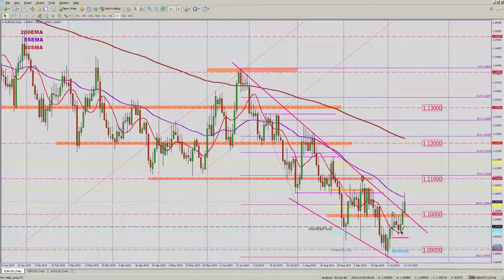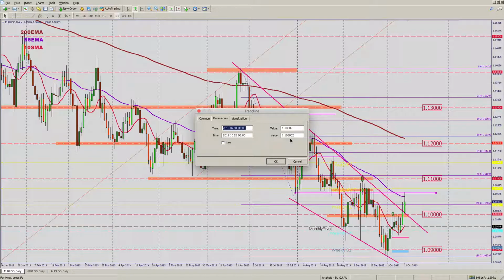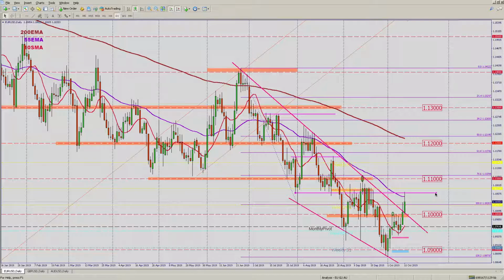So for the Euro, it has actually broken out and above the descending wedge that we drew in last week, and it has attempted to retest the previous swing low here at 110.60, before closing the week at 110.35.